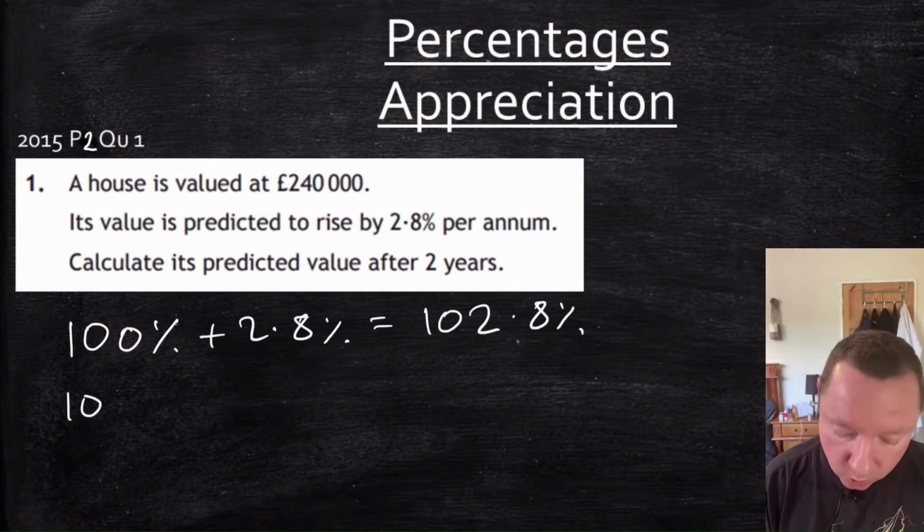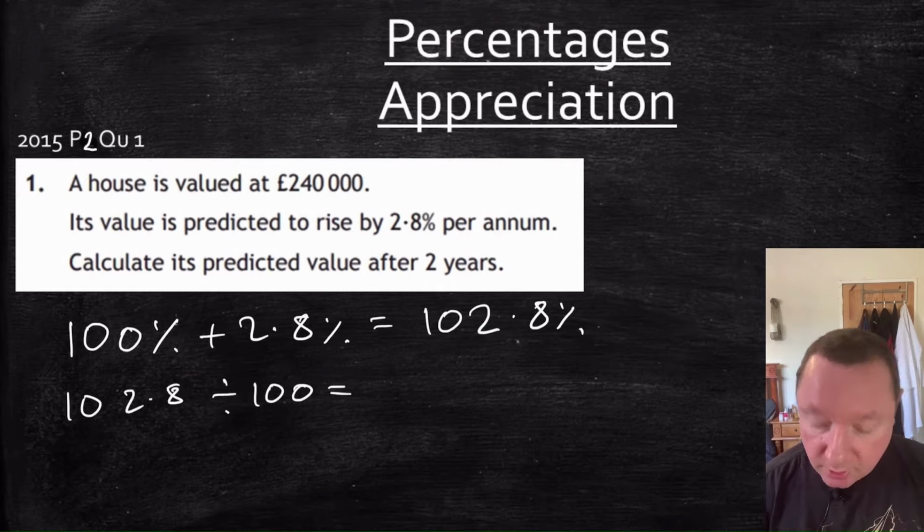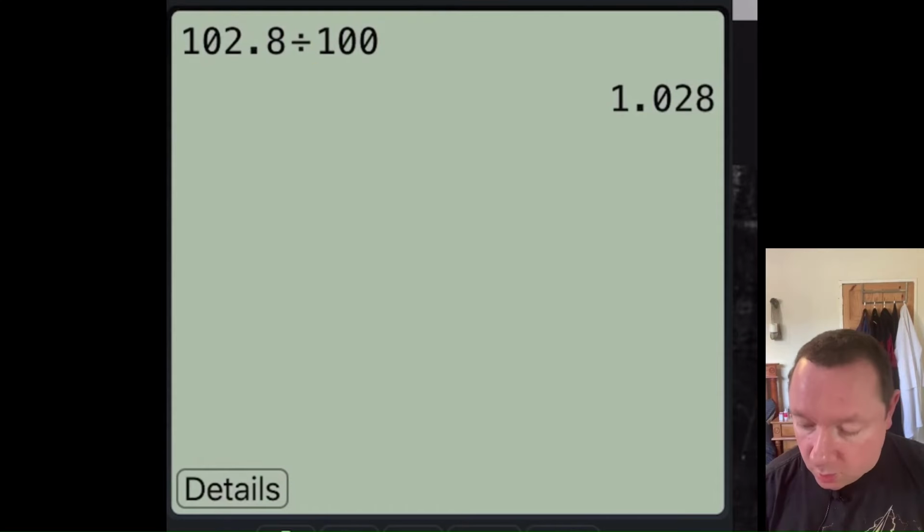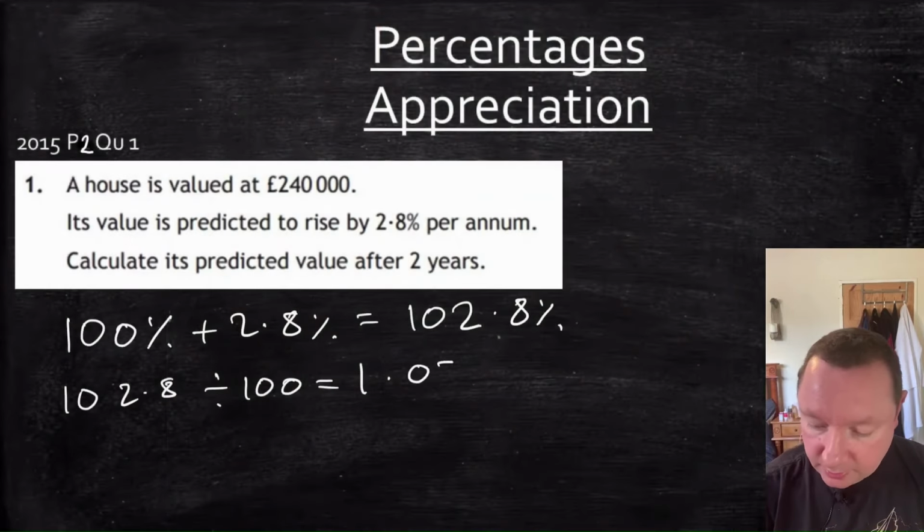So we'll do 102.8 divided by 100. And to be safe, I'll use a calculator. 102.8 divided by 100, 1.028.